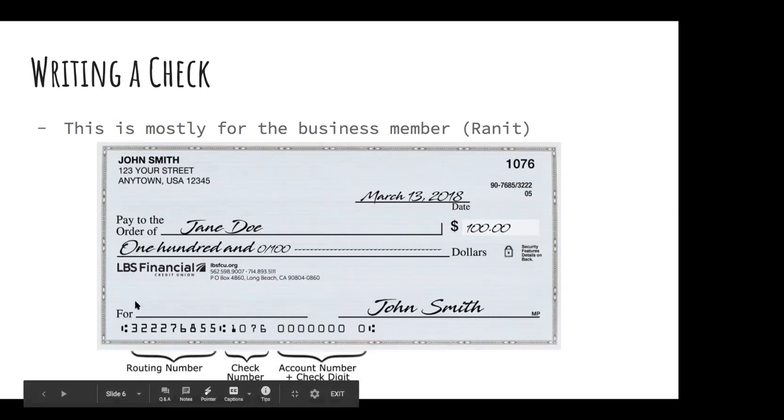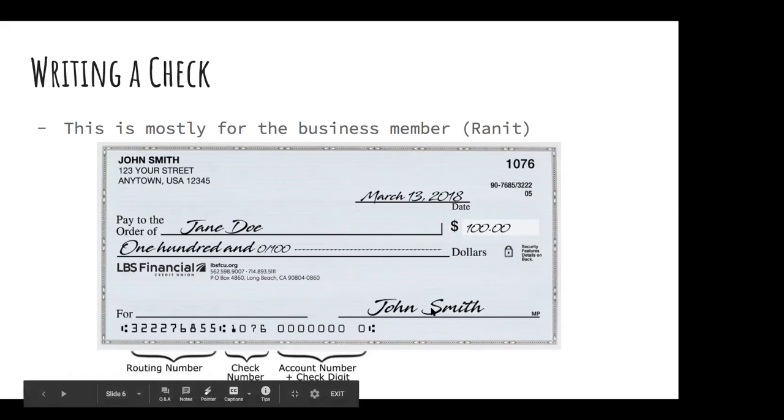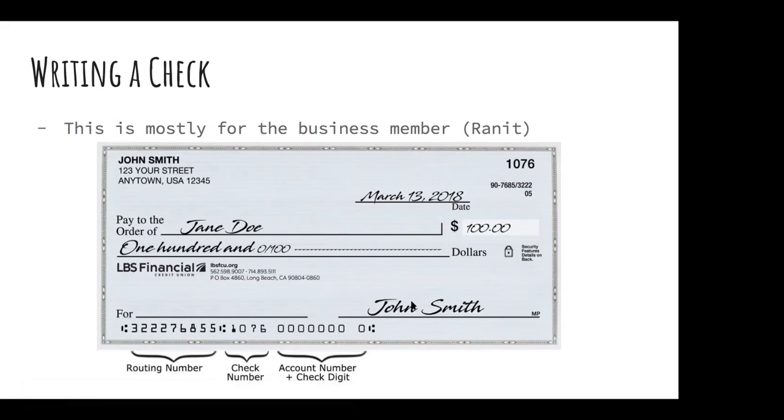And then this part right here is so you can keep track of what the check was written for, because there's always the underlying paper that it copies onto. So say this person spent money on registration, you can write "for registration" here to just keep track of why you were paying someone back, and then the person who's writing the check will sign it.